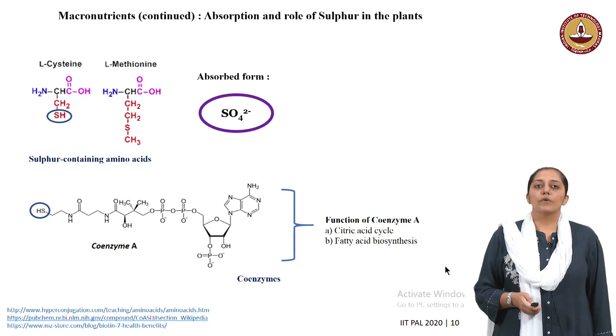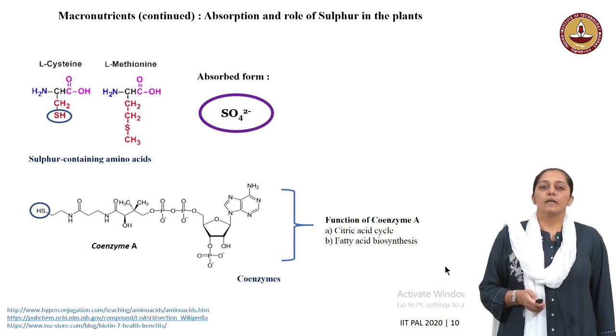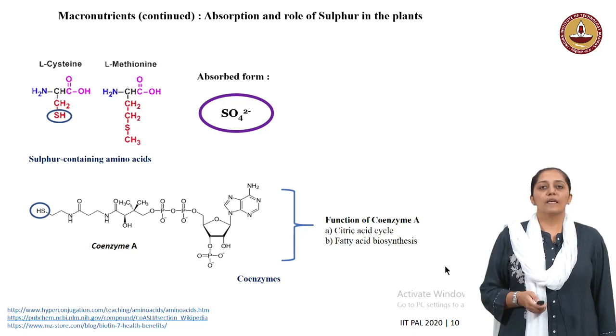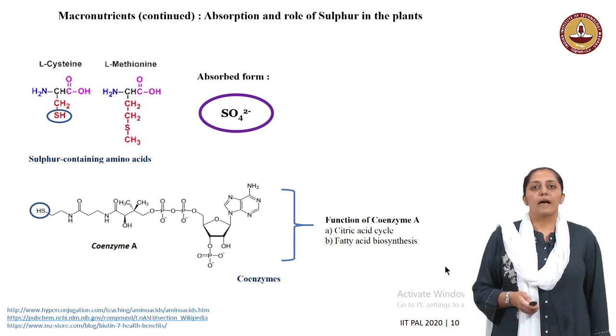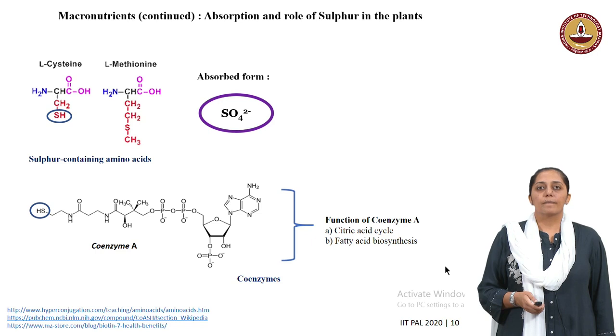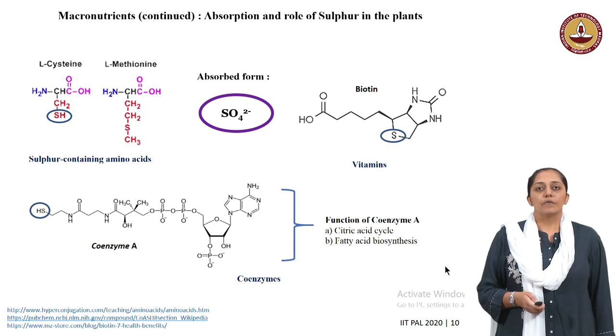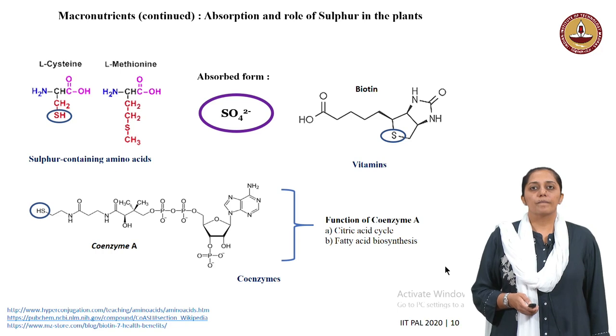It is also included as a structural component of coenzymes like coenzyme A, which has a role to play in the citric acid cycle and fatty acid biosynthesis. It is also included in the structure of some vitamin molecules like biotin.